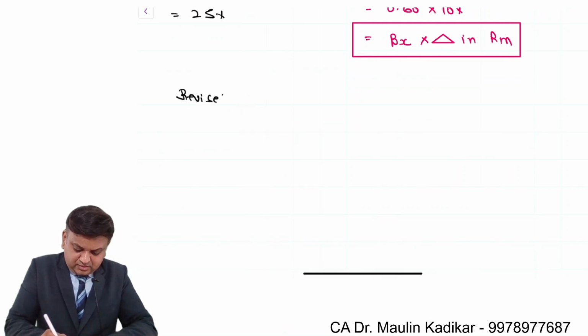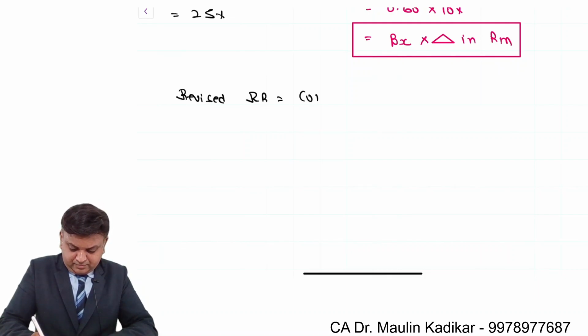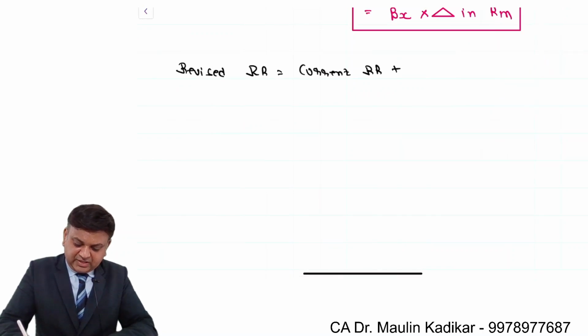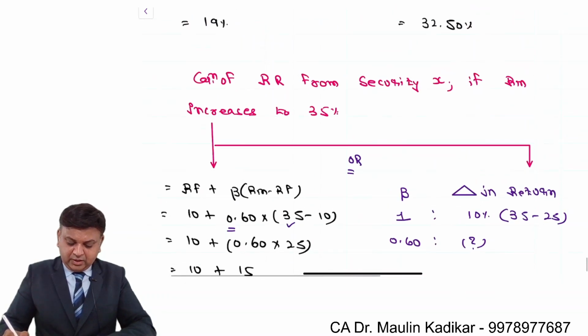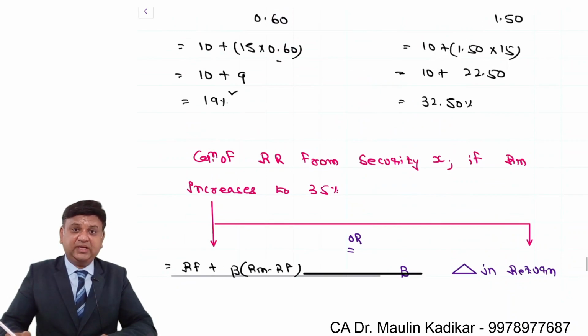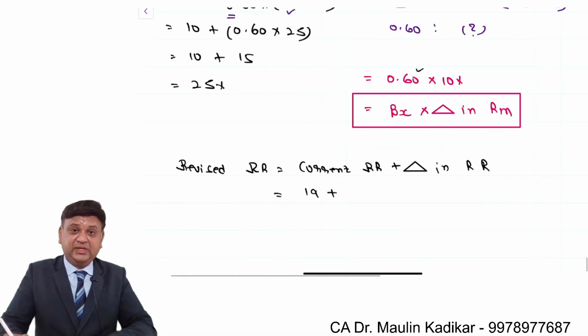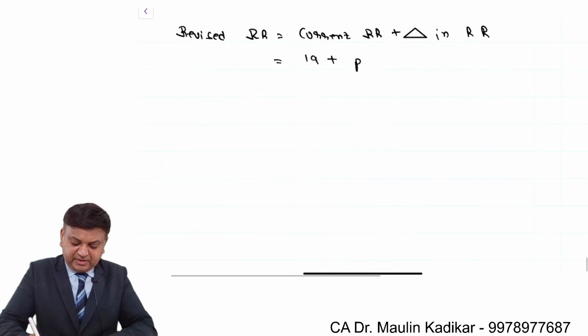Revised required rate of return is equal to current required rate of return plus change in required rate of return. The current required rate of return is 19 percentage, plus the change in the expected rate of return, which is beta into change in RM.